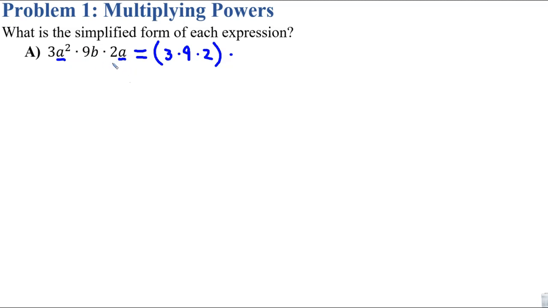I can combine those. I can't combine them with the b at all. The b is just going to be by itself here. As far as combining the exponents with the a's, I can think of this second a as a to the first power. So we can write this as a to the 2 plus 1, and then times, like we said, this b here, we'll just write as the b.